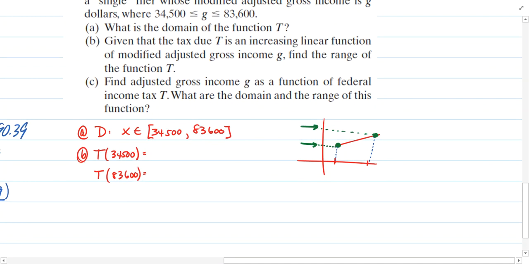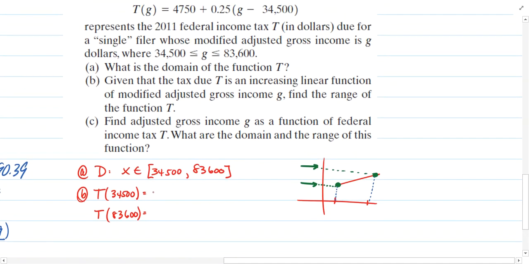Now, I trust that you're going to be using a calculator to do this math, so it's fine if you write down 4750 plus 0.25 times 34,500 minus 34,500. I'm going to slide this out of the way here.